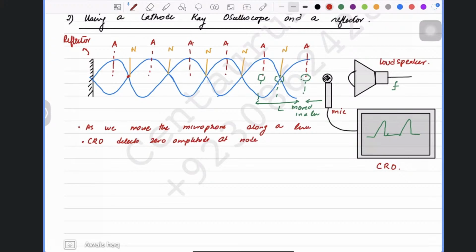We can just detect where the loudest and the quietest sound is. All right. So zero amplitude at nodes and maximum amplitude at antinodes. All right.